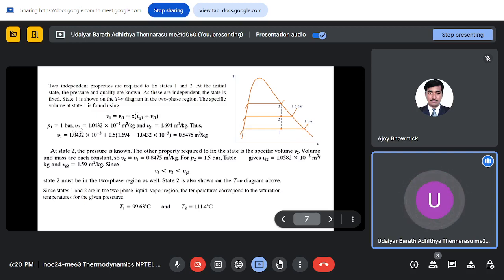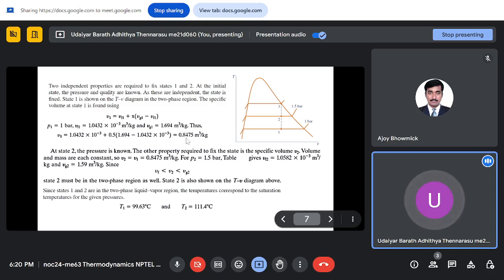At 1 bar, from the steam table you can get vf1 as 1.0432 times 10 to the power minus 3 and vg1 as 1.694 meter cube per kg. Substituting x equal to 0.5, we get the specific volume at state 1 as 0.8475 meter cube per kg.